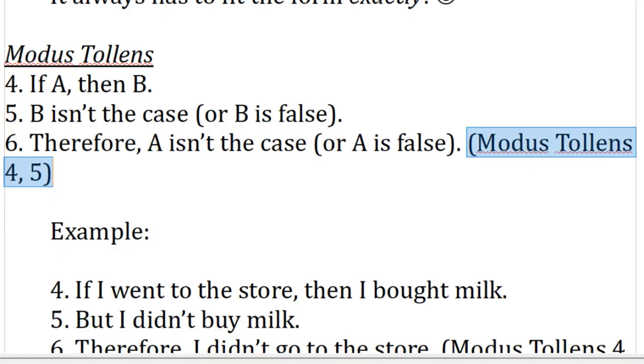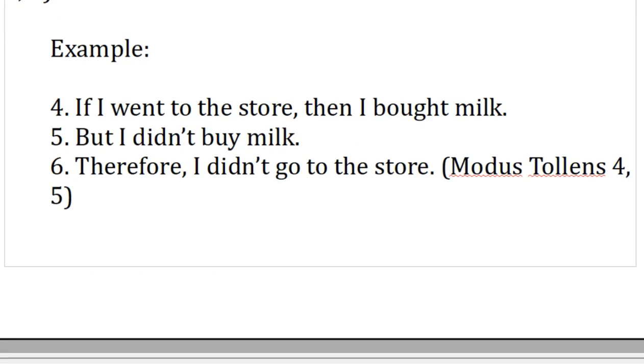And then what the rule says is that if you are negating the second part of a conditional, an if-then statement, if you're negating the part that comes after the word then, the first part in between the if and the then, in other words, the A slot, that's going to be negated.